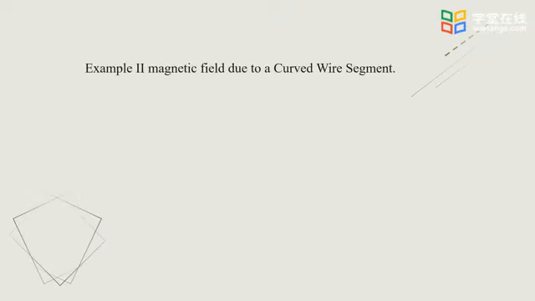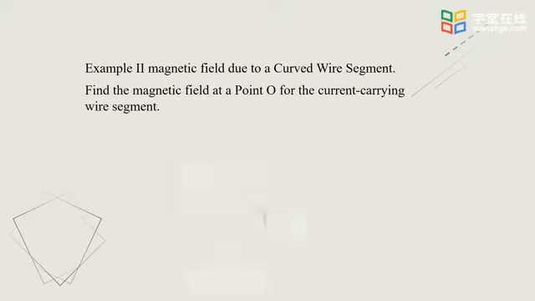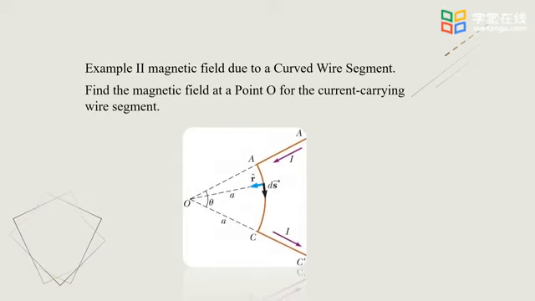Let's discuss the next one. Please look at this figure. We wish to find the magnetic field at a point O for the current-carrying wire segment. We notice the wire consists of two straight portions and a circular arc of radius a, which subtends an angle theta.